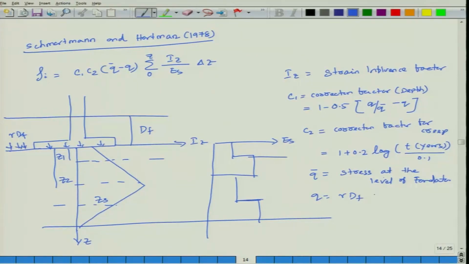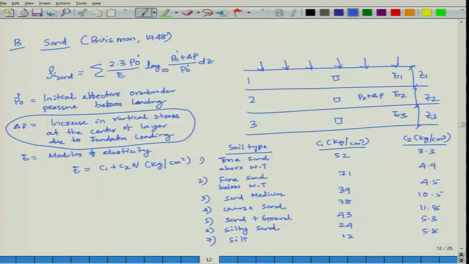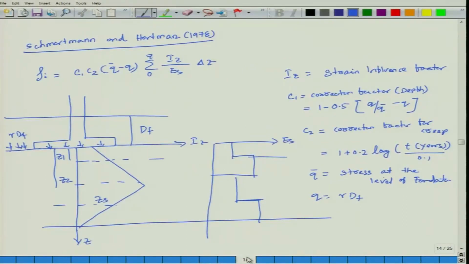We will solve problems once your foundation analysis is over. So, basically there are two methods, two empirical methods based on empirical correlations. One is by means of Buisman 1948 and other is by means of Schmertmann and Hartman 1978.